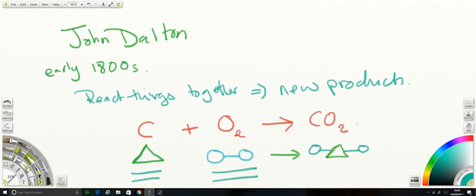This was his idea, and what he thought at the beginning was that these atoms are indivisible. These are the smallest parts of anything. Everything is made from atoms, and atoms are indivisible.